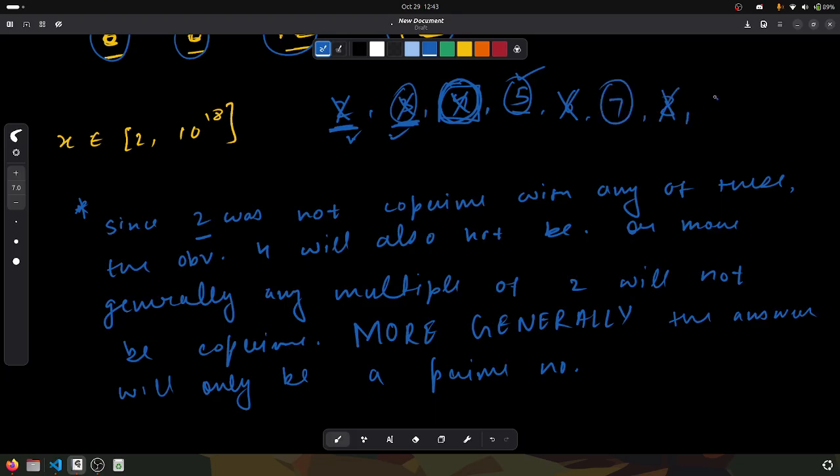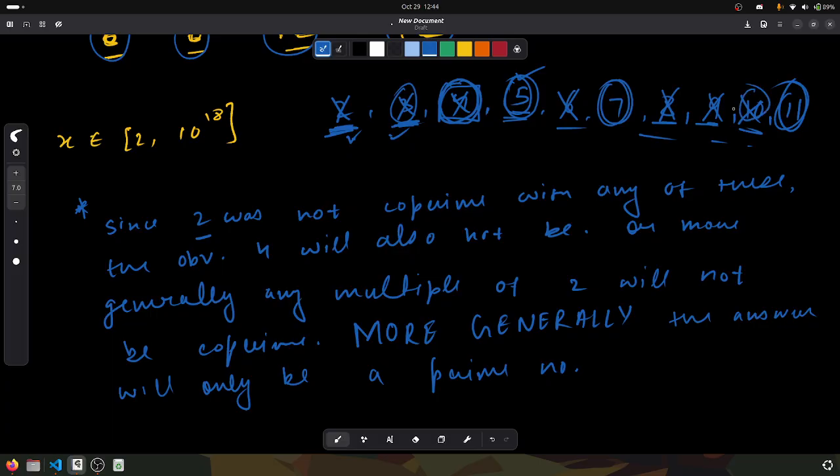8 again we don't need to check. 9 we don't need to check. 10 we don't need to check. 11 we need to check. Since 8 is a multiple of 2, 9 is a multiple of 3, 10 is a multiple of 5. So if we checked for 5, 7 and 11, we don't need to check for these numbers.